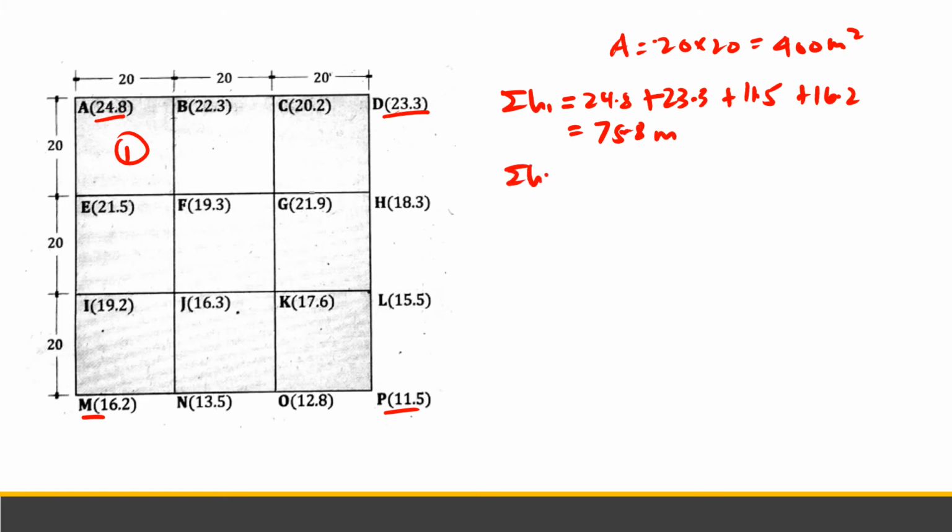meters. Now summation of H2 is equals to, so these are heights na dalawang beses siya nagamit. So first is 22.3, so that is at P and also at 23.3, since for square the first square, the corner here is used twice, that is for the first and second square.